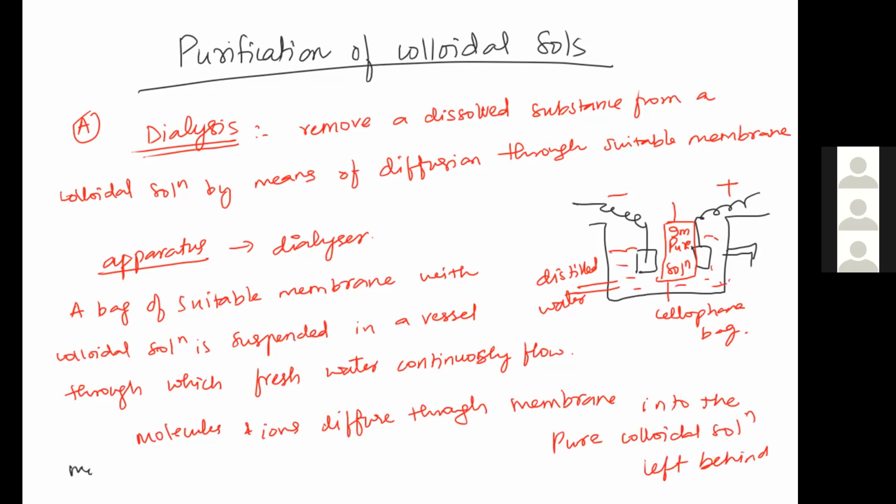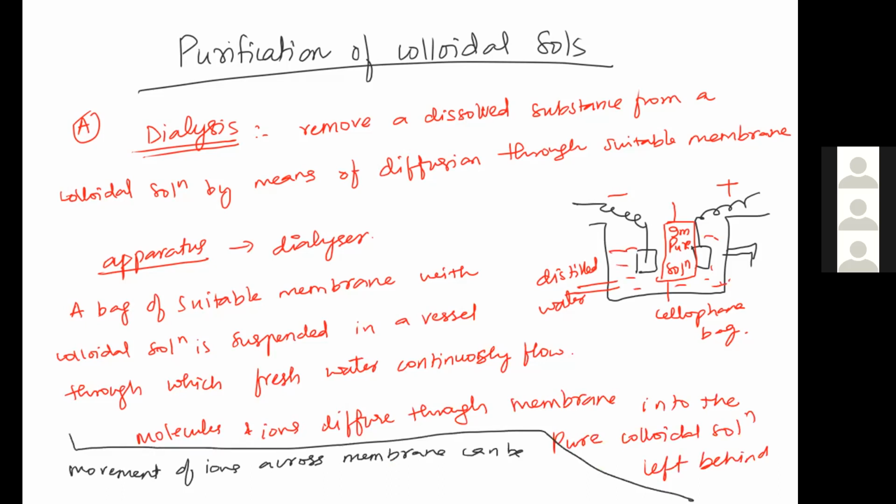The movement of ions across the membrane can be expedited by applying electrical potential through electrodes. So this is quicker than basic dialysis.